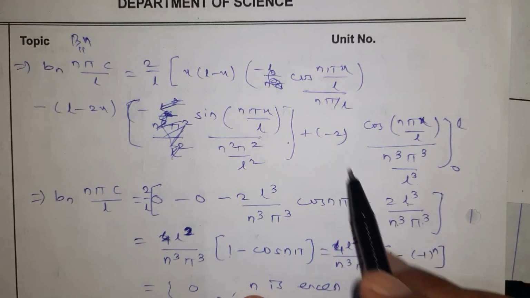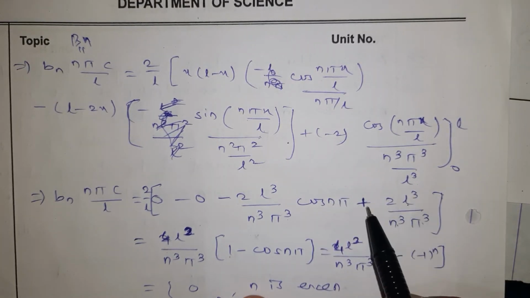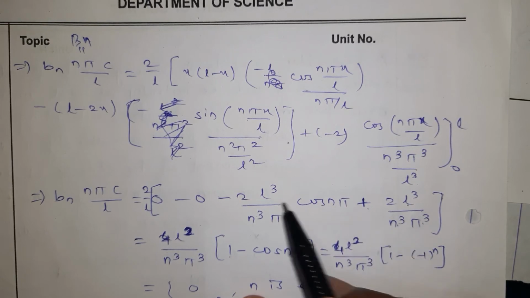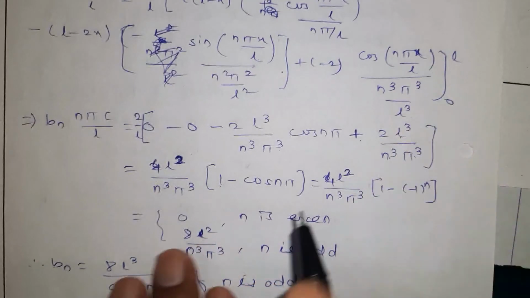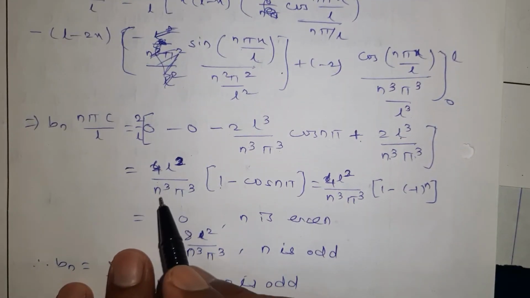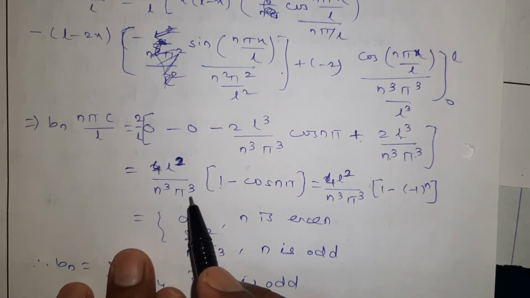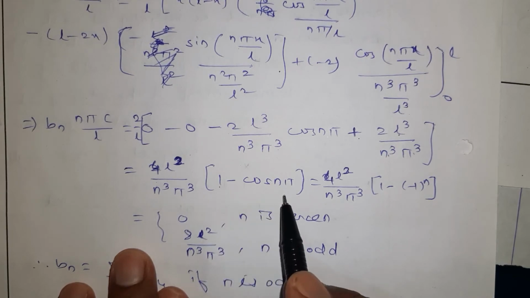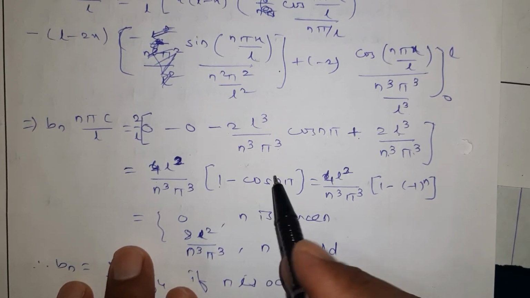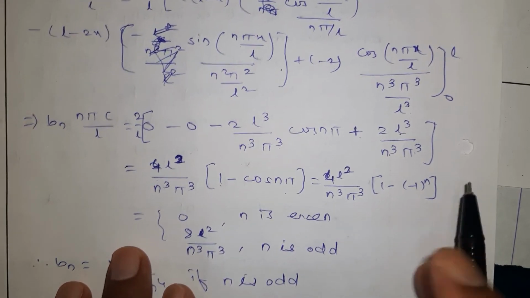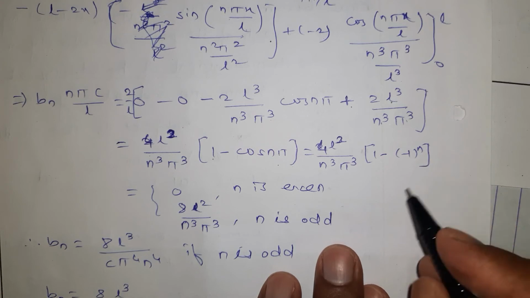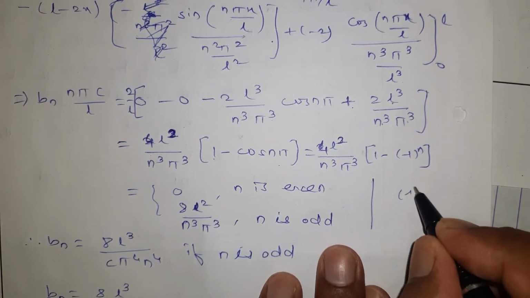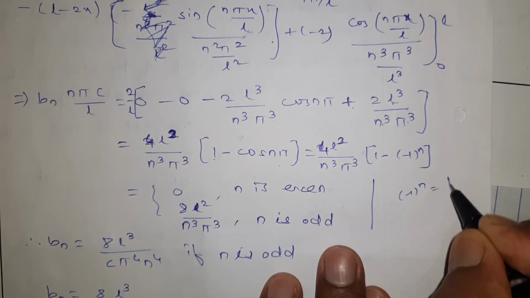And here minus minus becomes plus, upper limit minus lower limit. Understood? Now take this 2L cube upon n cube pi cube common. You will get 4L square upon n cube pi cube into 1 minus cos n pi. And cos n pi is minus 1 raised to n. Now if n is even, minus 1 raised to n is 1.